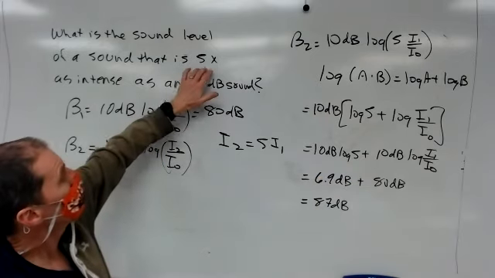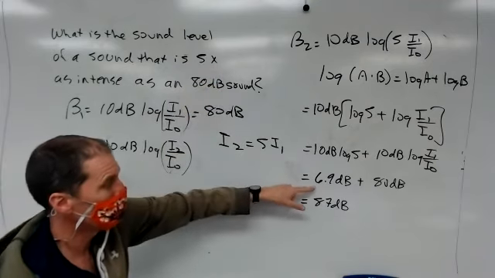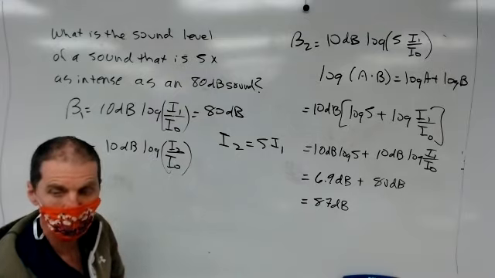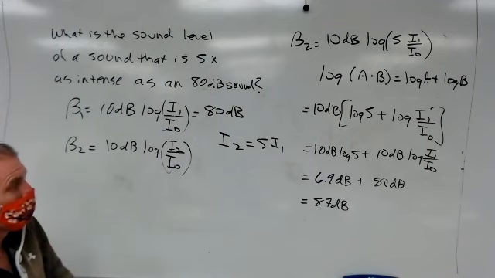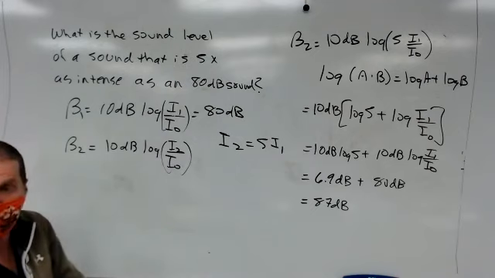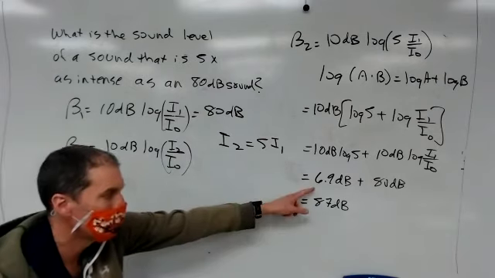So any intensity that's 5 times as intense as another intensity just increases the sound level by 7 decibels. So if it's 5 times as intense as a 37 decibel sound, that means it's 37 plus 7, which is 44 decibels. Right? All you're doing is adding this each time.